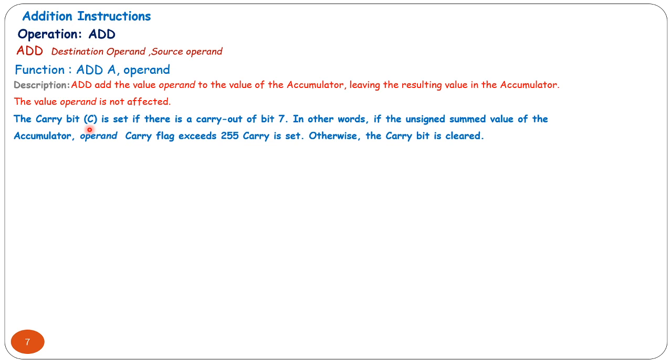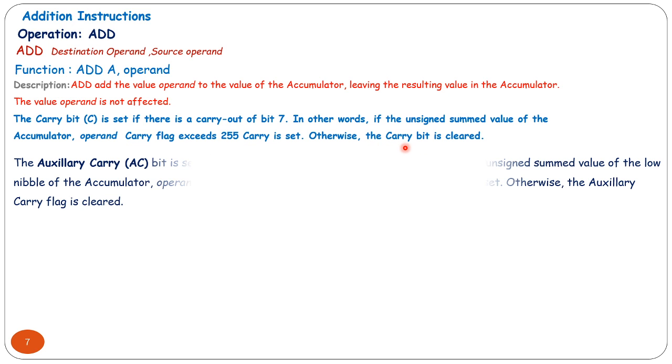In other words, if the unsigned sum of the accumulator and operand exceeds 255, then the carry is set. Otherwise, the carry bit will be cleared. When the D7 bit generates the carry, then the carry flag is set, otherwise it will be cleared.